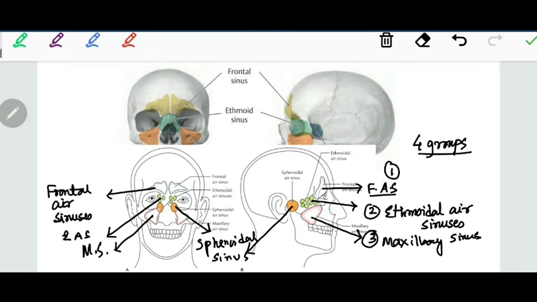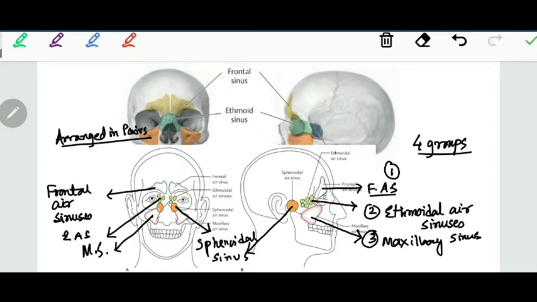Now, the paranasal air sinuses or PNS are arranged in pairs except the ethmoidal air sinuses. That means frontal sinuses are one pair, two in number, one on each side.